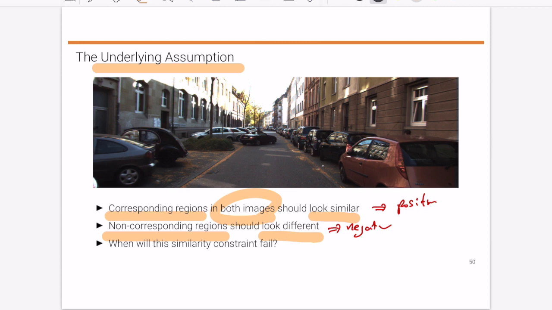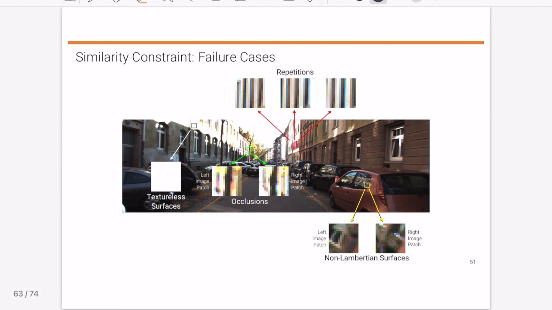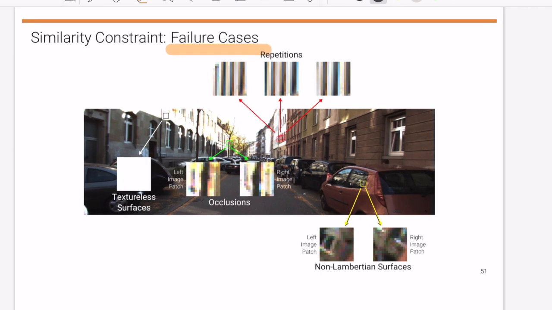But when will this similarity constraint fail, even though we perfectly train a convolutional neural network? Like this. These are very frequently found failure cases.